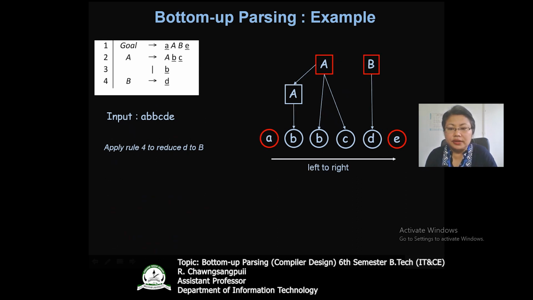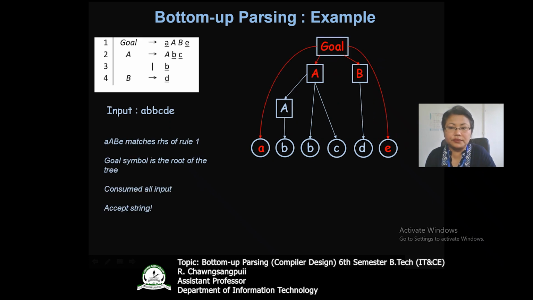Now here we apply rule 4. Rule 4 says that B can have the form D. So we apply rule 4 in order to reduce D to B. So this is applied here. Now if you see this, our goal is A, capital B and small e.